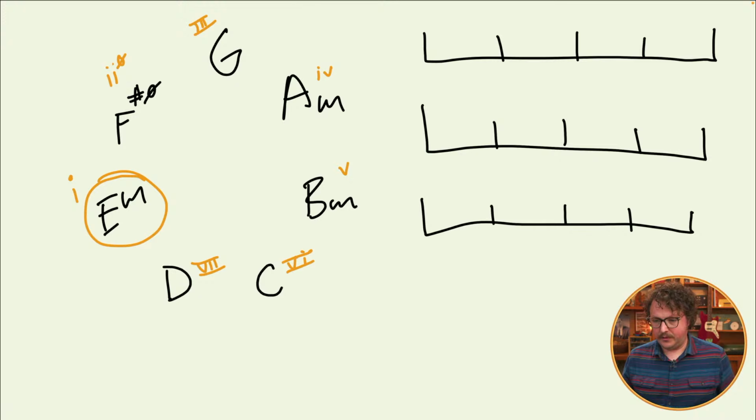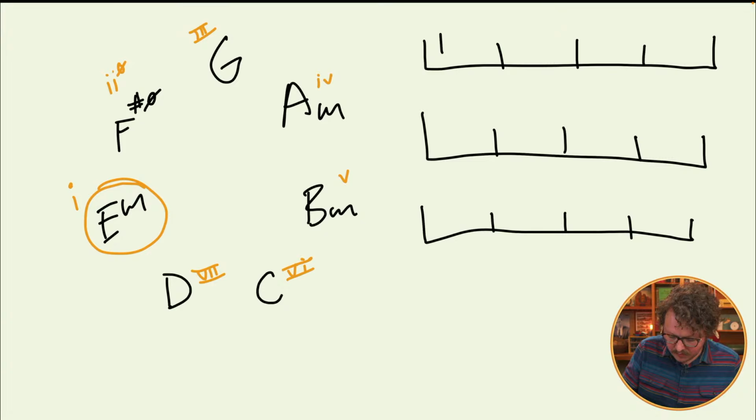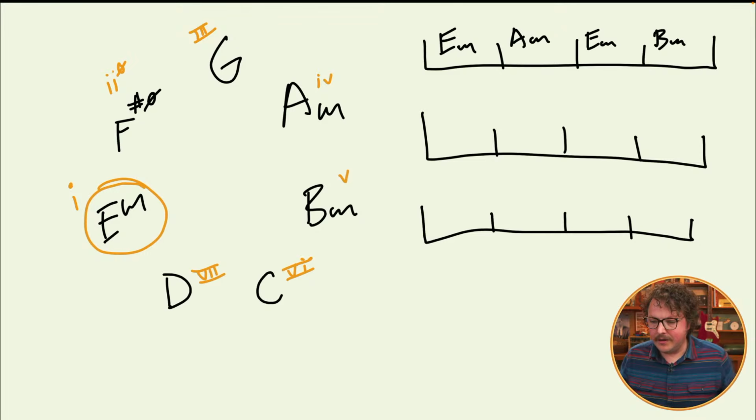So what do we have? 1, 3, 4, 5 is nice and simple. 1, 4, 1, 5. Let's try both of these. Let's try 1, 4, 1, 5, and then maybe our other progression could be, actually, I'll tell you what, we'll take David Coward's E minor, A minor, B minor, and we'll stay on B minor.